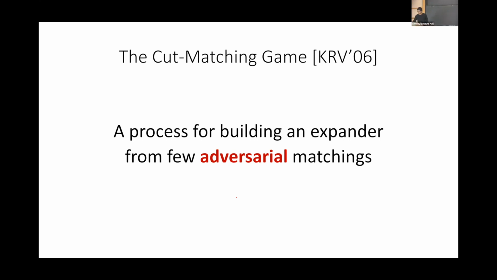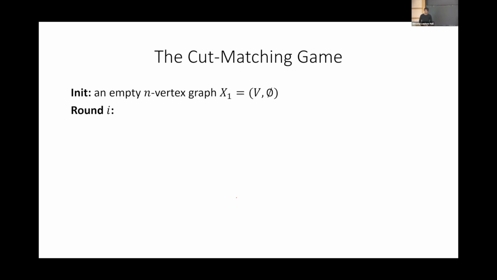So what it is, let me describe it. Imagine that you want to construct an expander, but you start from an empty graph. So it's a graph with nodes V, but no edges.